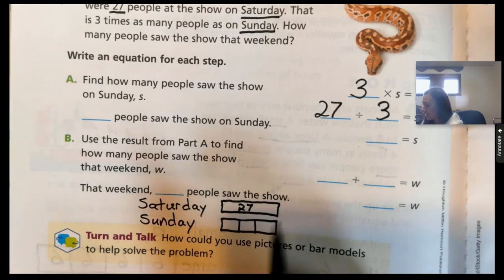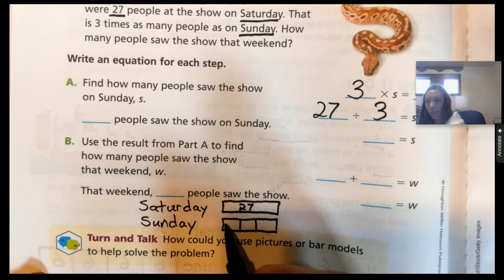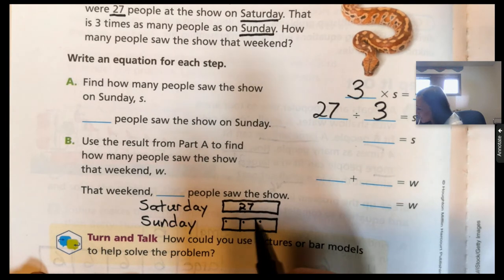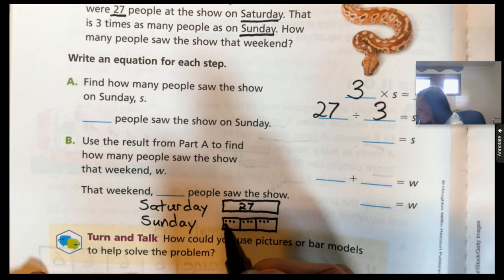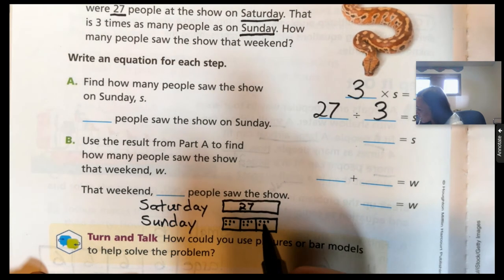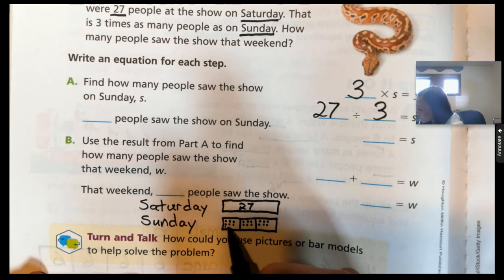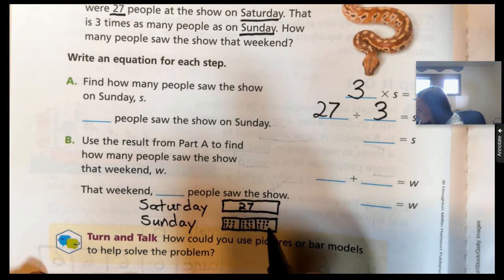So I'm just going to use dots like an array to keep it nice and neat. I'm going to count until I use all 27. 1, 2, 3, 4, 5, 6, 7, 8, 9, 10, 11, 12, 13, 14, 15, 16, 17, 18, 19, 20, 21, 22, 23, 24, 25, 26, 27.